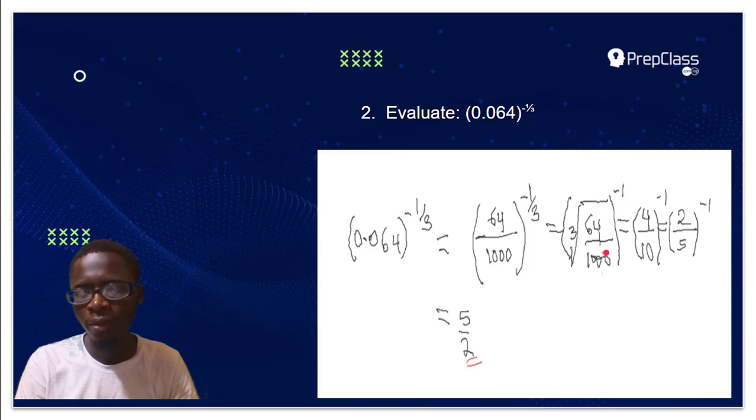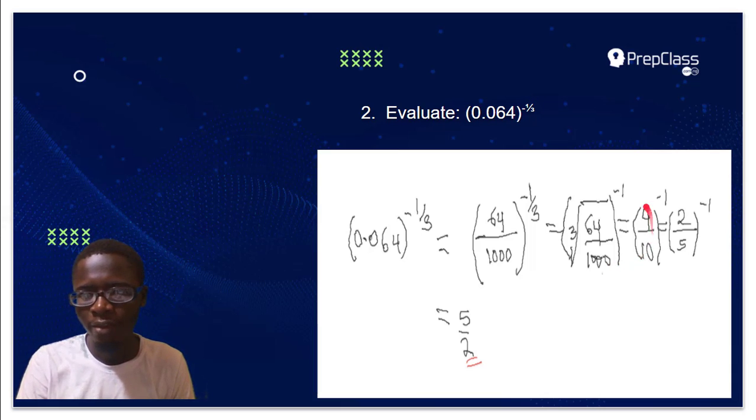So here now we're looking for the cube root of 64, and that is 4. In another word, 4 will multiply itself 3 times to give us 64, 4 times 4 times 4. And the cube root of 1000 is 10. Why? Because 1000 is the same thing as 10 times 10 times 10.